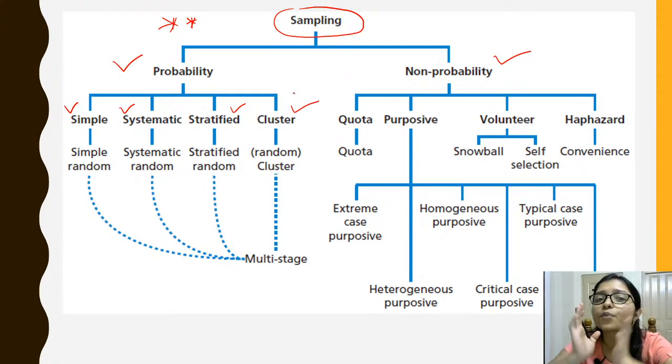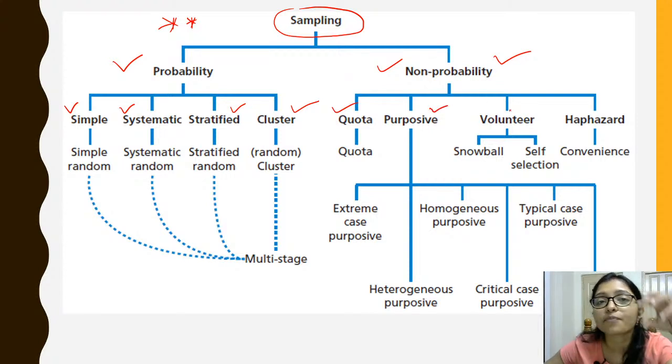We will discuss one by one, because you have to remember what are the probability sampling and what are the non-probability sampling. Okay. So, simple, stratified, systematic, cluster, all are the probability, and non-probability is quota sampling.